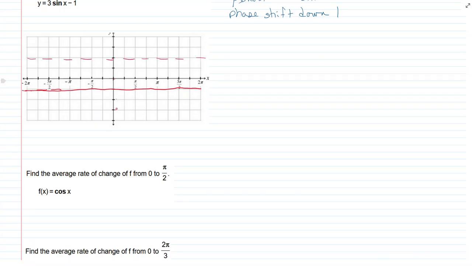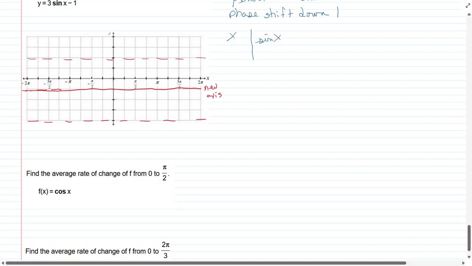And then 1, 2, 3. And this is our amplitude. All right. But this is our new axis. And we're going to figure it out by math. So don't worry. I have x, and then I have sine x, which is the y.